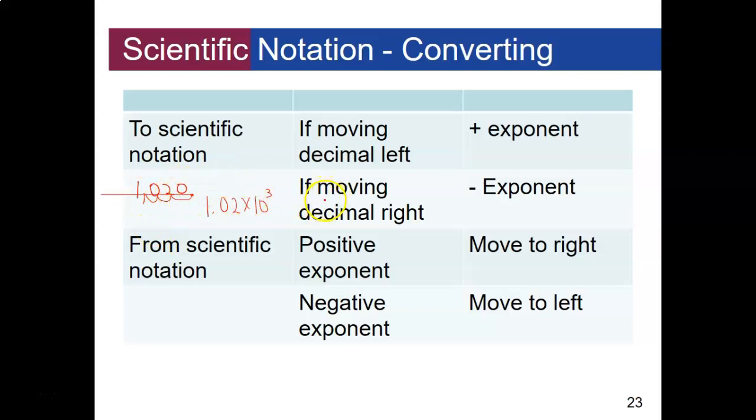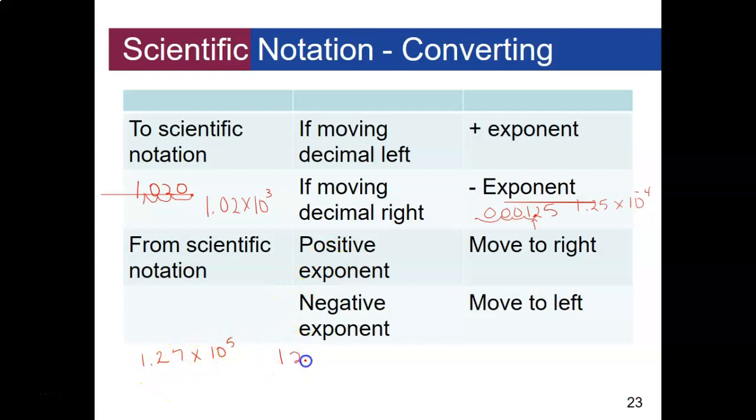If I'm having to move my decimal to the right, then I'm going to come over here to give an example of this. Let's say my problem looks like this. So to get my decimal here, I'm going to have to move it 1, 2, 3, 4 places. So this would be 1.25 times 10 to the negative fourth, because I moved it 4 places to the right. If I'm coming from scientific notation, if I have something like 1.27 times 10 to the fifth, then if I have a positive exponent, I'm going to move to the right 5 spaces.